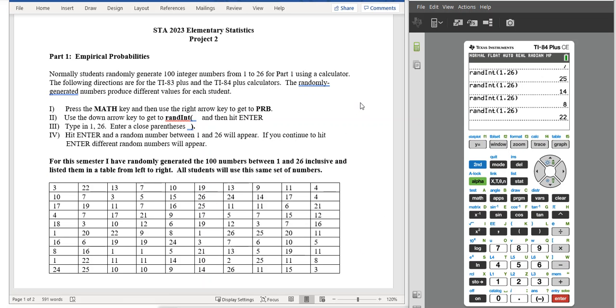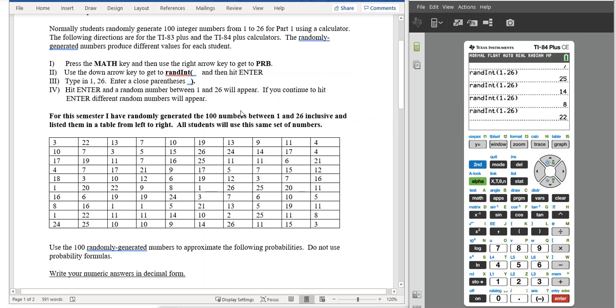For this semester, all students are going to use this same set of numbers, so you don't have to generate them.